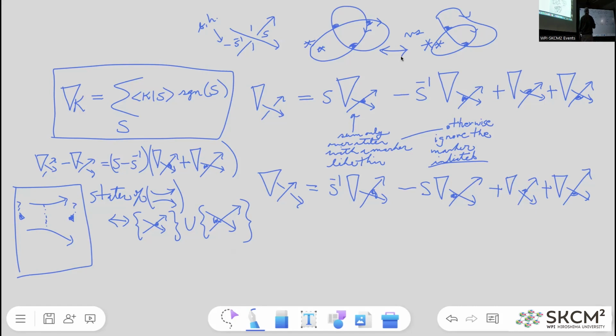And that means that this sum here is actually equal to the state sum for the link obtained by smoothing out the crossing. And there's the Conway formula. Okay? So that's how it comes about that this is a model for the Conway. Okay. Other questions?